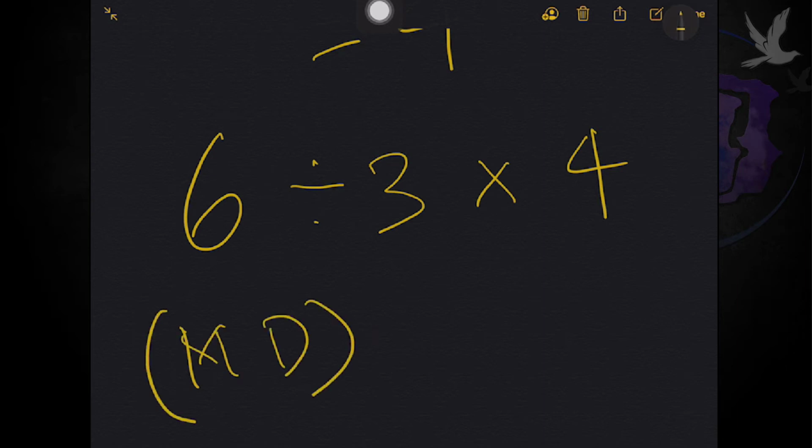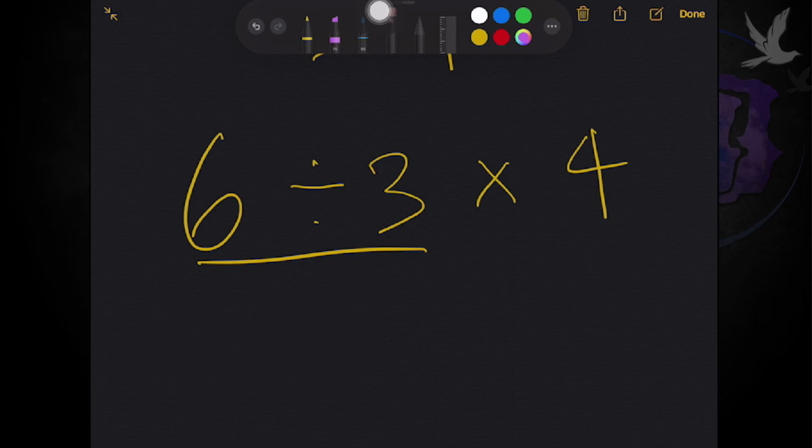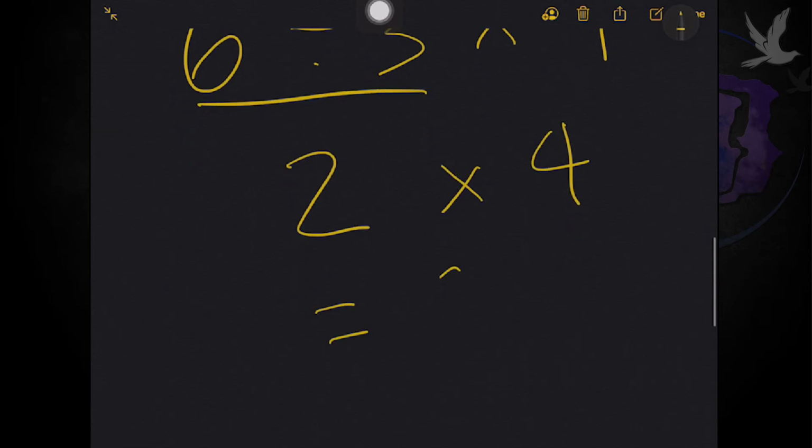Okay. So in this case, it doesn't mean that we should always start with M. No. You should not always start with M, but as long as it's within the group, you should start with whichever comes first. Okay? So which in this case, division comes first. So you have to deal with that first. So doing so, 6 divided by 3 will give you 2, multiplied to 4 will give you 8.